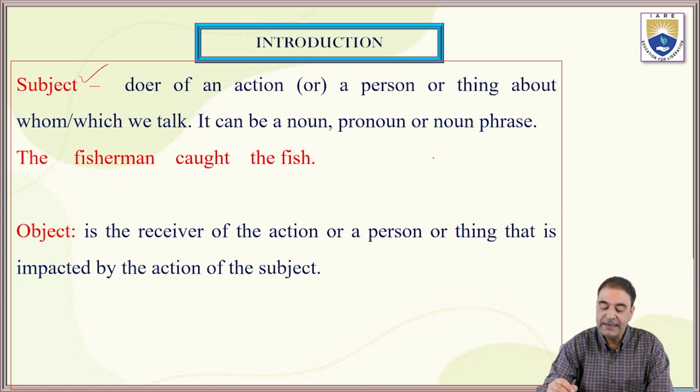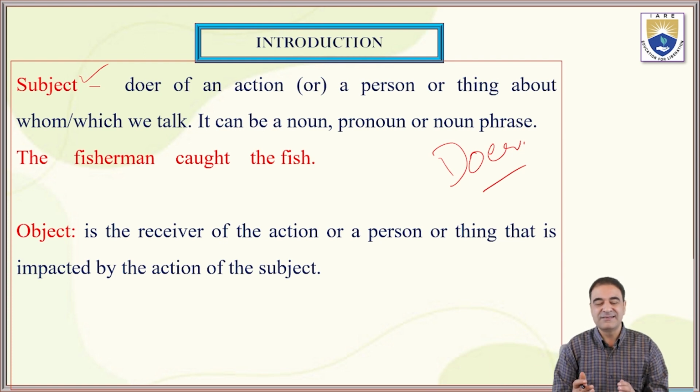The first thing is, subject is the doer of an action, one who performs an act. And the second point is, subject is a person or thing about whom or about which we talk.